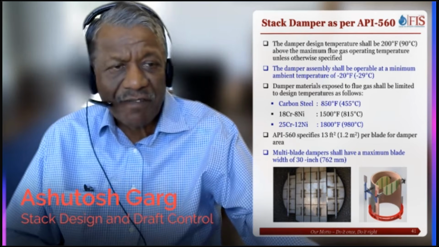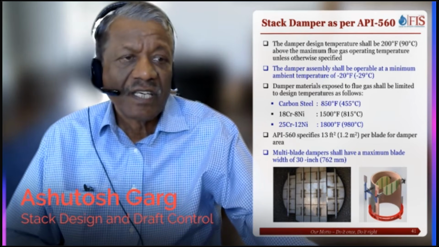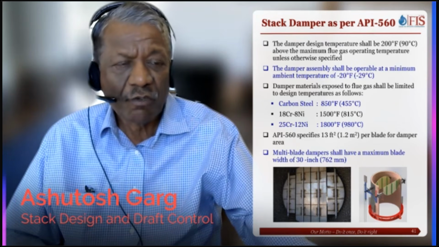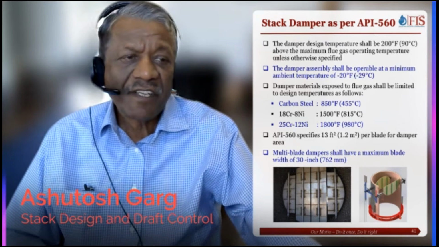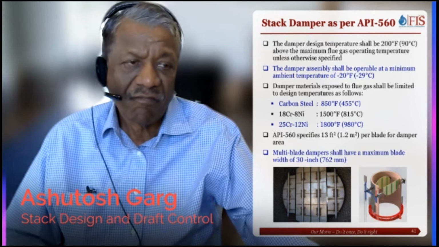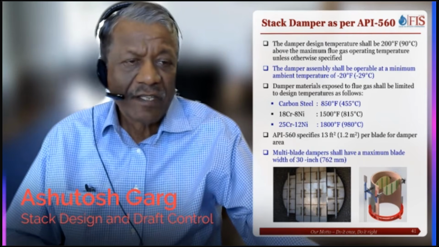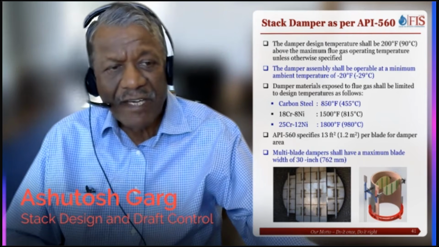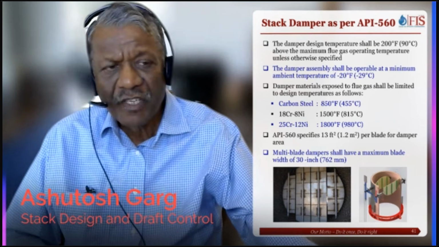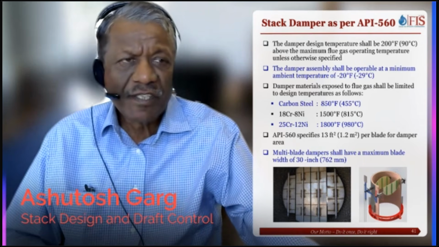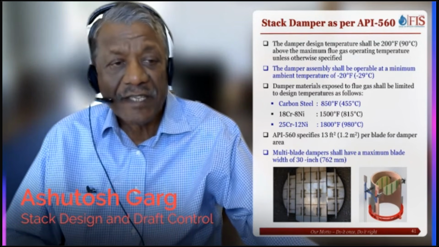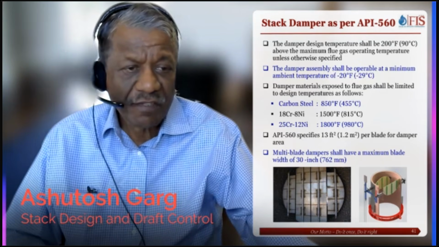And API 560 says every 13 square foot of area will need a blade. So if your stack has 50 square foot area, then we need 4 blades. They also put a maximum blade width limit of 30 inches for operations reasons. So if you follow these guidelines, you will come up with a pretty nice stack damper. These are the pictures of a stack damper here.